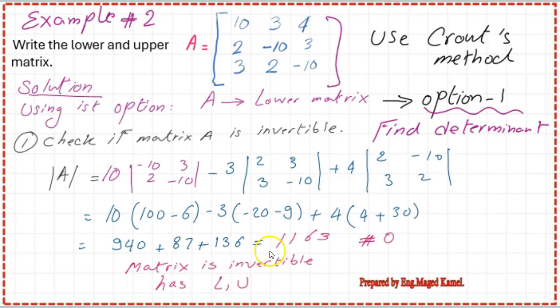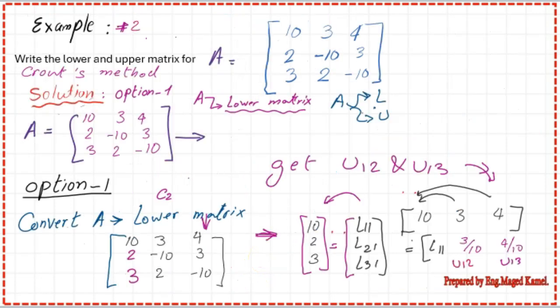The determinant value will be equal to 1163, that is not equal to 0. The matrix is invertible and has L and U values. We'll move to the next slide.